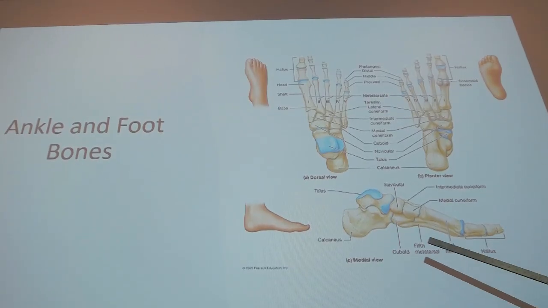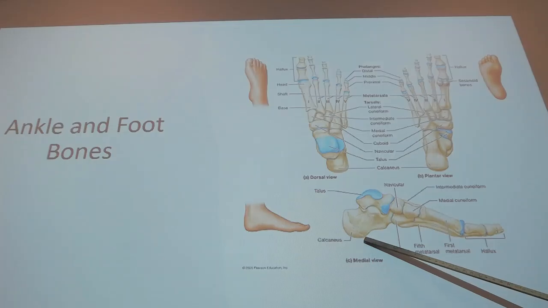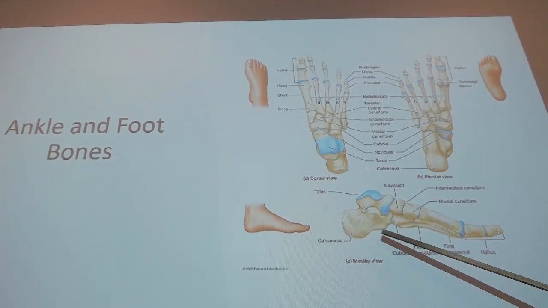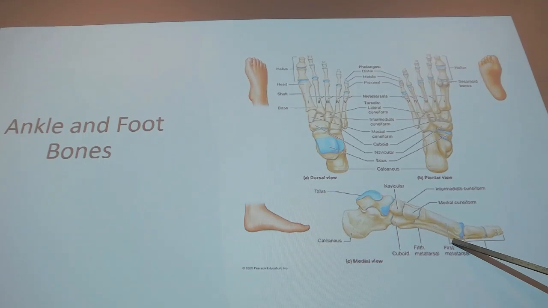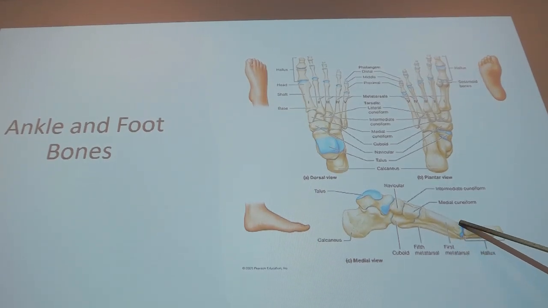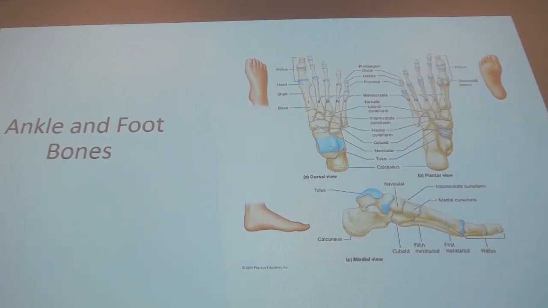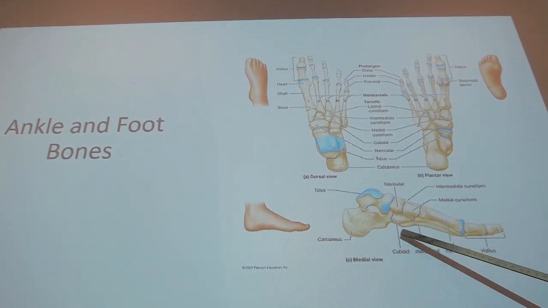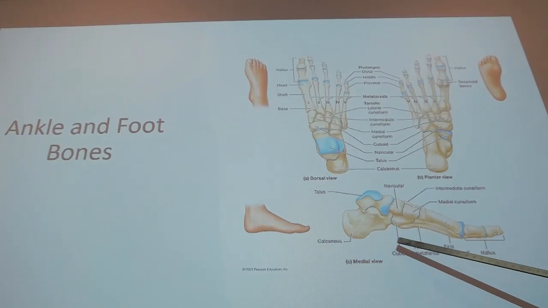Now, where do we land the weight of our body? Well, we land on the calcaneus and the head of the metatarsals. And then here we have the medial view. So we have a medial arch.